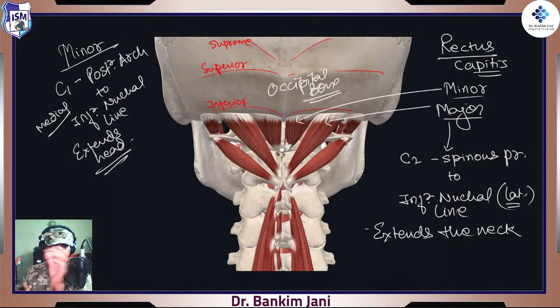When left contracts, rotation on the left side. So it extends the neck, and we'll also say it rotates the neck. These are the two movements, because size is bigger and it is connected on the lateral aspect. So it is like a mechanical advantage. Those connected to the center, at the most, will be able to do just this much minor movement, but not the bigger movement. So this is about rectus capitis major and rectus capitis minor.